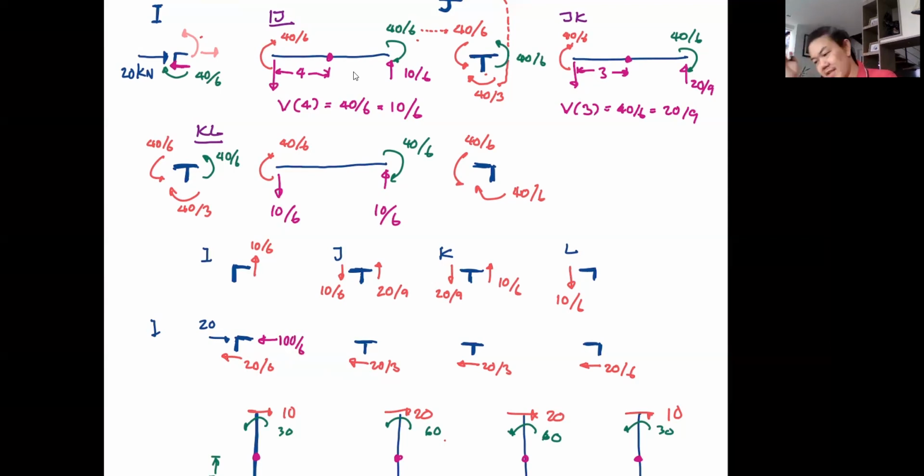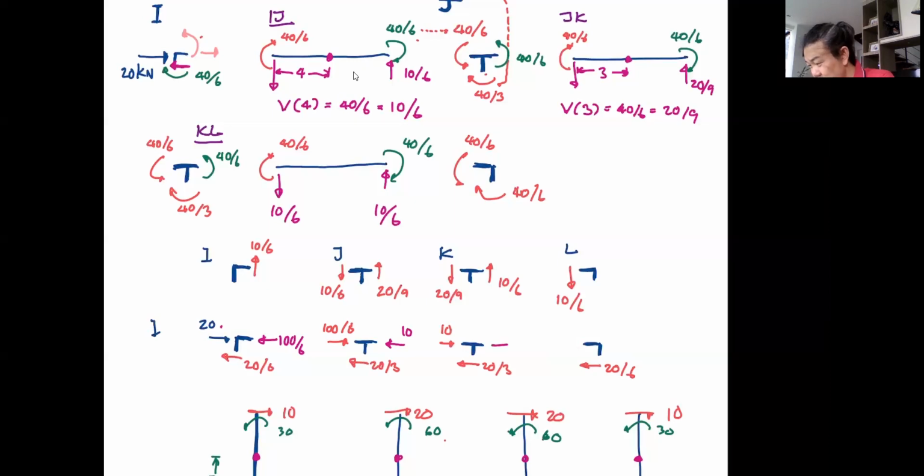Right? So this is 120 over 6 minus 20. So that means this is another 100 over 6 coming from the pink one, and then in turn you minus that with another 40 over 6, so it becomes 60 over 6 or 10. This is then 10 minus another 20 over 3.